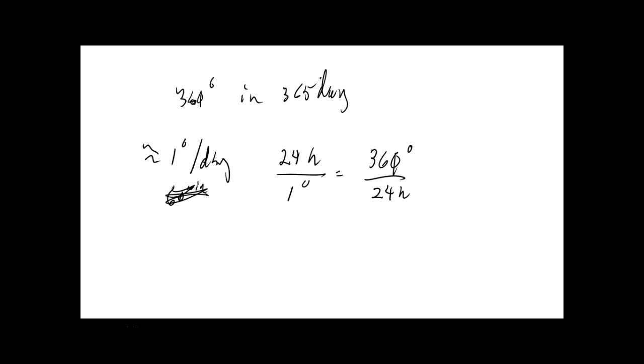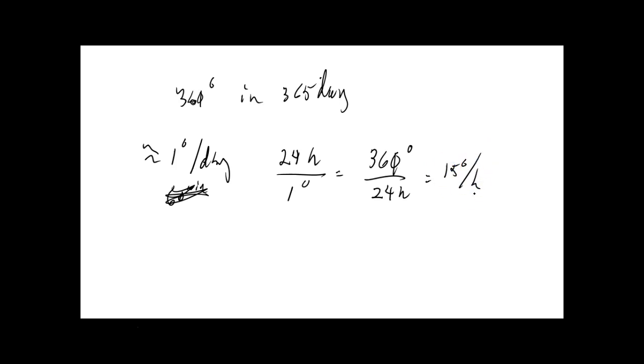So how many hours does it take to do one, or what fraction of that does it take to do 1 degree? So let's see. Divide that, and what do you get? 360 divided by 24. Okay, that's 15 degrees per hour.